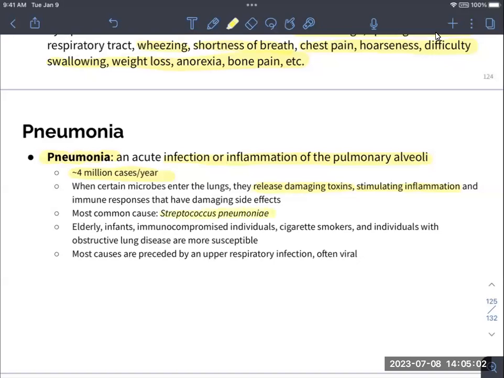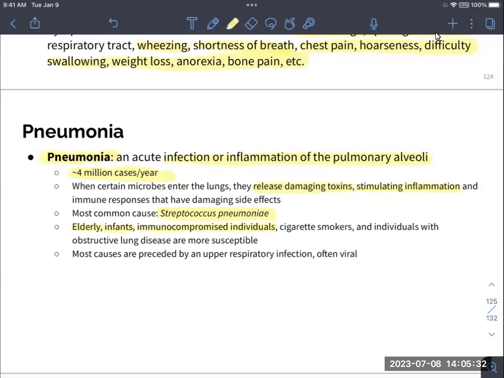Streptococcus pneumoniae is the most common microbe that is going to cause pneumonia. The people who are most susceptible are the elderly, which is why there is a vaccine out for pneumonia. Infants, anyone who is immunocompromised, could be on immune suppressing drugs because of an organ transplant. There are people out there whose immune system just never developed in the first place.